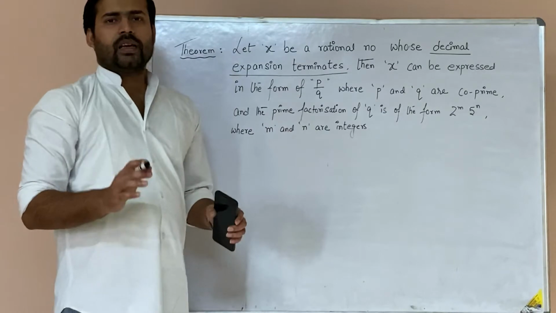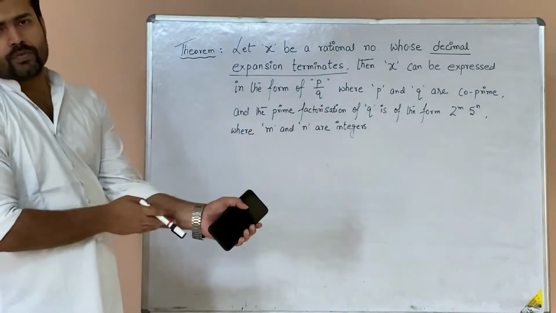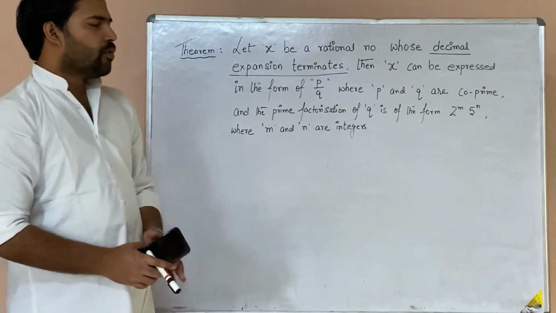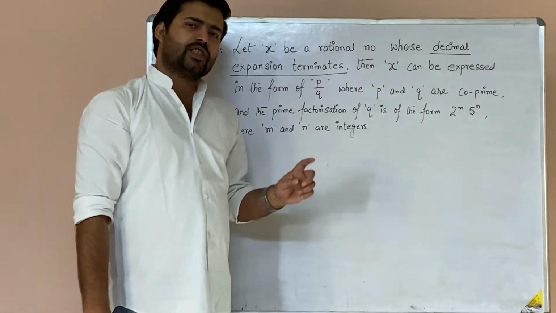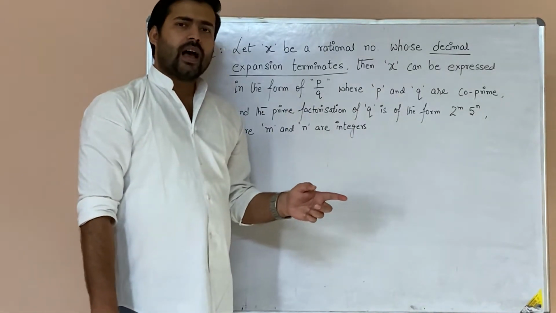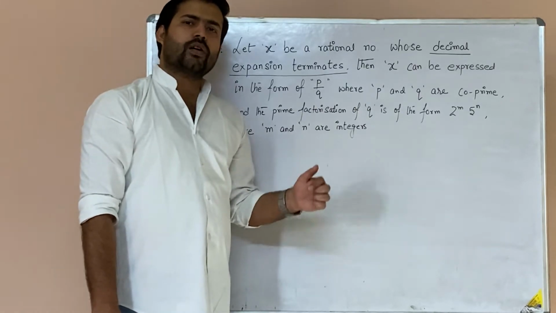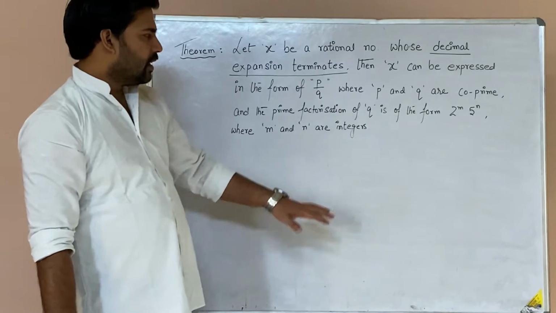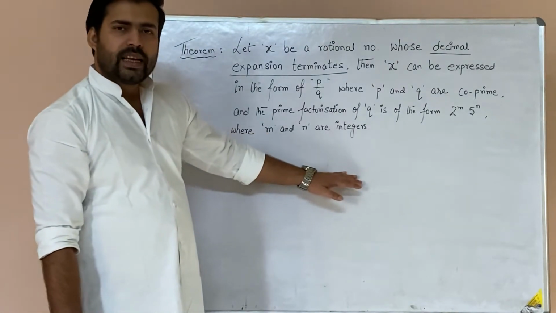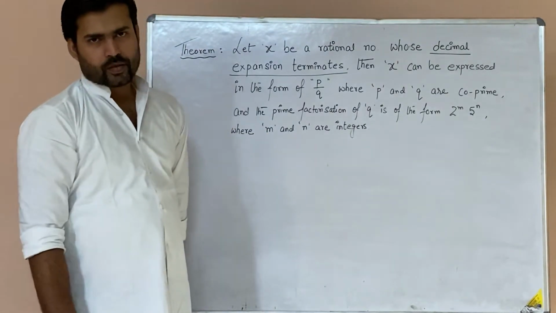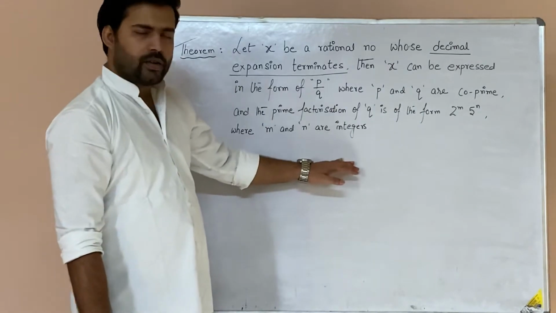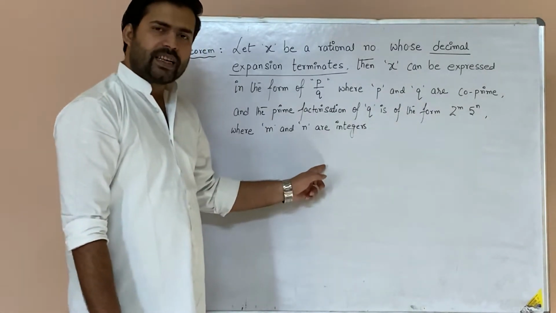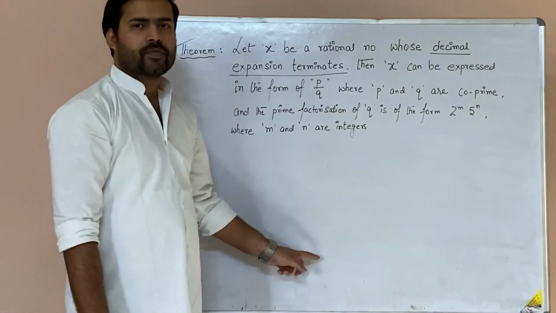That means if you find the prime factorization of q, you will find that all the factors which q has are either 2's or 5's or a combination of both. Again I am saying, when you find the prime factorization of q, you will find out the factors of q which are coming.